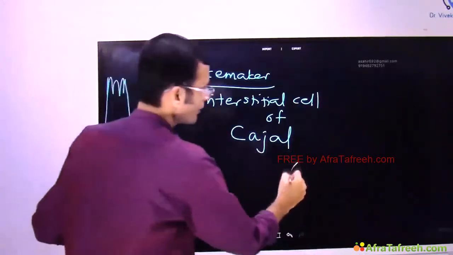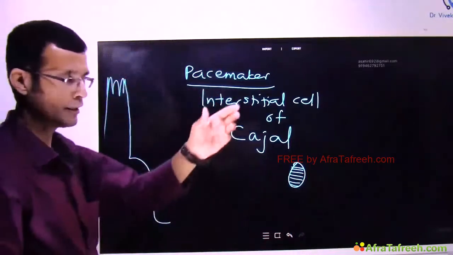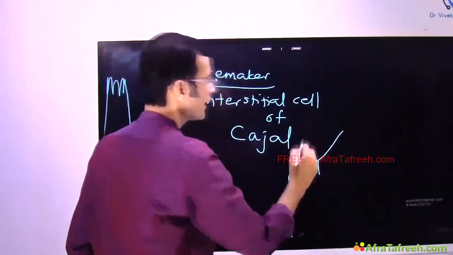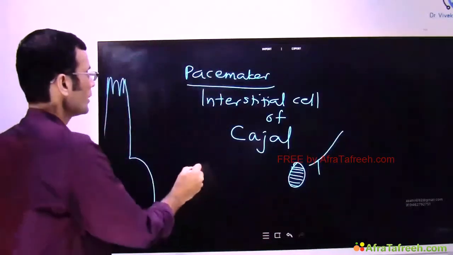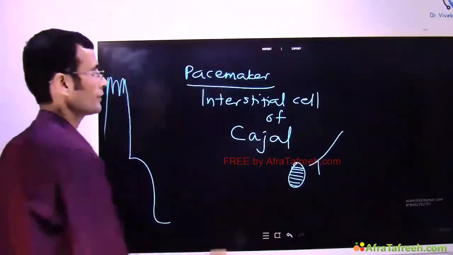It is like this. Here is smooth muscle in the wall of the digestive tract, and here is a neuron of the enteric nervous system. The interstitial cell of Cajal is between these two cells.